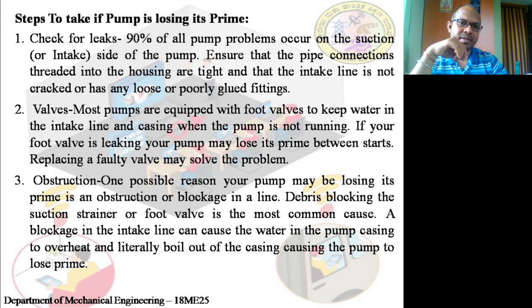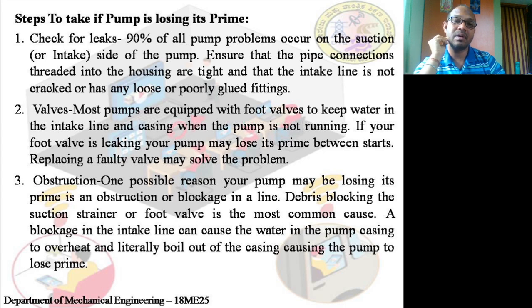Make sure that everything is tight. Then valves, and most of the time this all happens only at the suction end, so enough care should be taken at the suction itself.